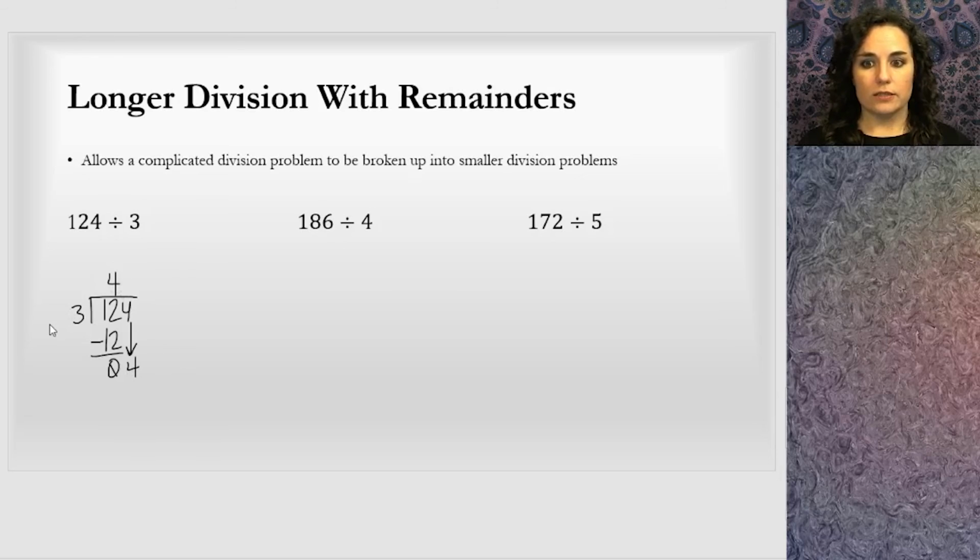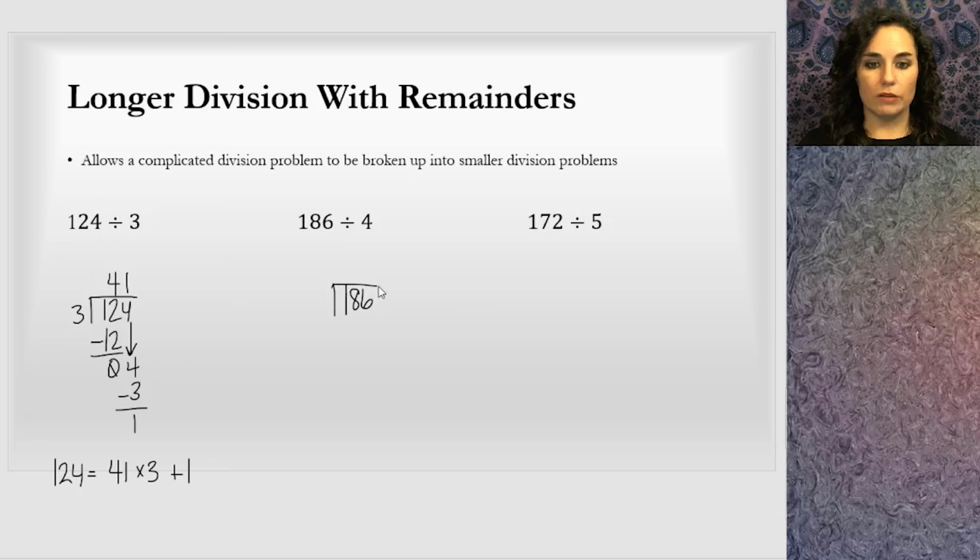Now I will ask, how many times does 3 go into 4? 3 goes into 4 evenly just one time. 1 times 3 is 3. Subtract, I have a remainder of 1. So I can say that 124 divided by 3 can look like this. 124 equals 41 groups of 3 plus an additional 1 on the side.